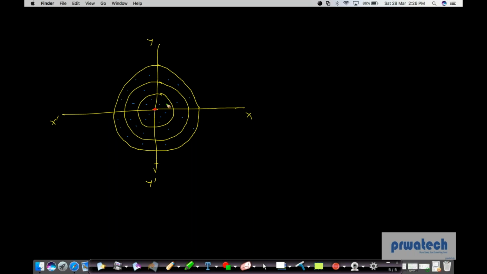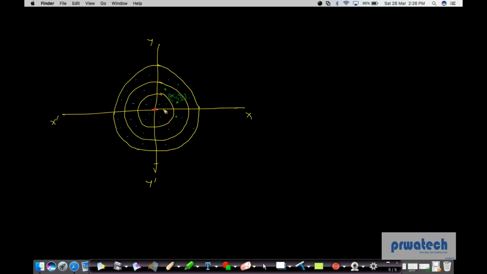If I check for this point, somewhere y and x are matching. This is the distance from y and this is the distance from x. So can I name this data point x1 and y1? And similarly for this one, or whatever range I have in the data, there is one more data point.